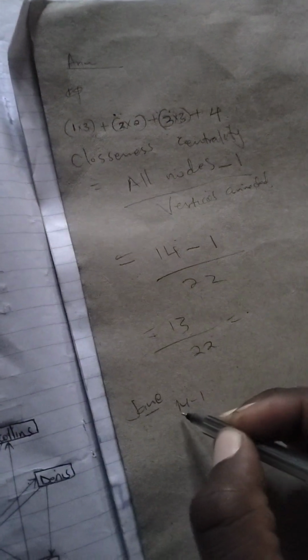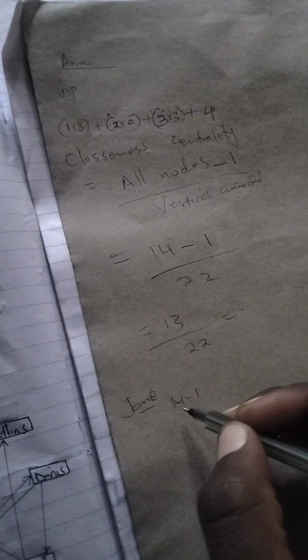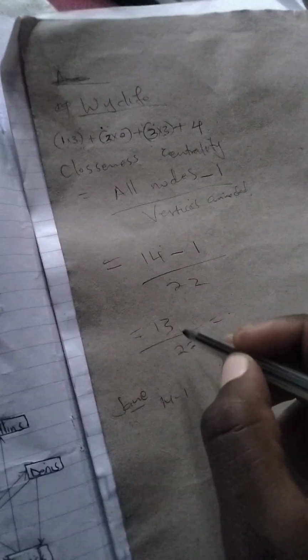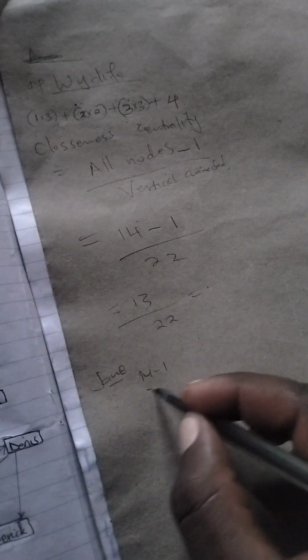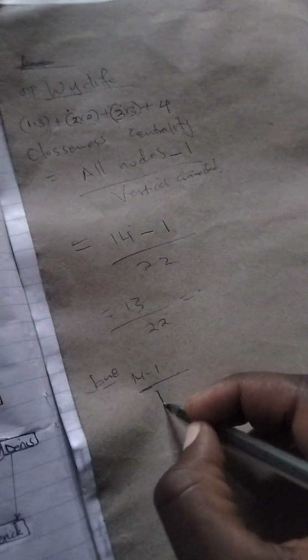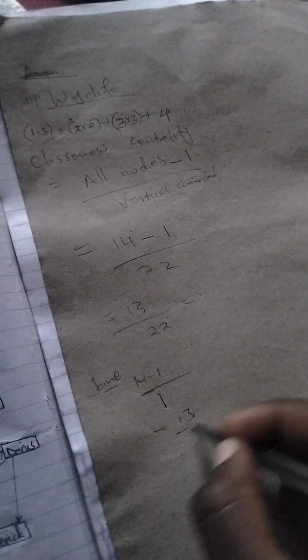So there you can calculate Jane is 14 minus 1. Jane is only having 1 connection. So 14 minus 1 over 1. That's 13.